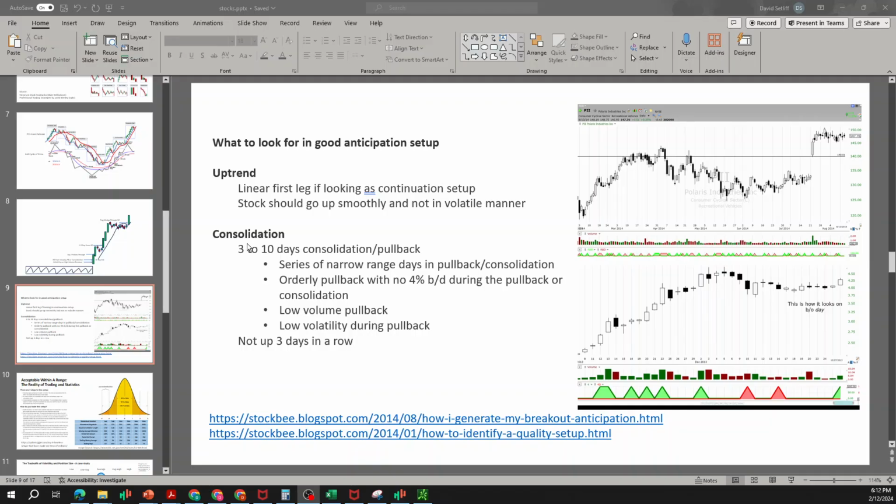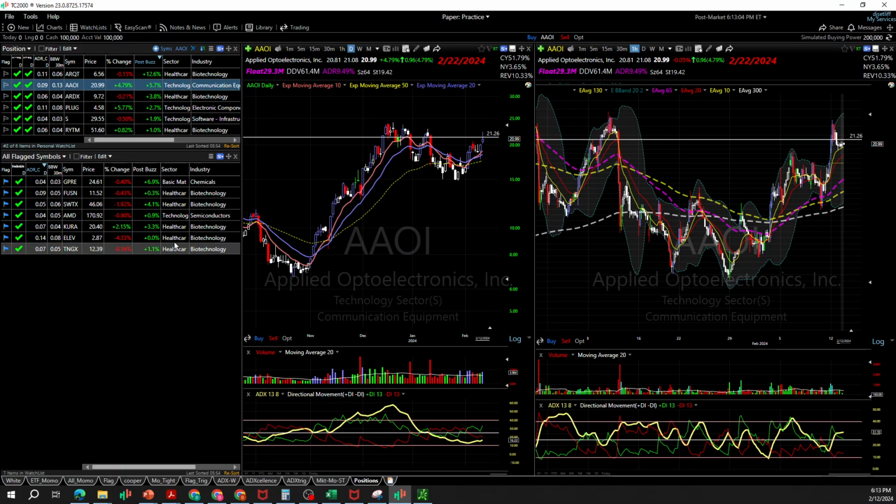They're either not in the midst of a 3 to 10 day tight price action consolidation, or they're already up 2, 3, 4, 5 days in a row, or some series of up days over the last 3 to 5 days, meaning they're not on day one coming out of one of these consolidations. So just using those two very simple contextual indicators, most things are going to get eliminated.